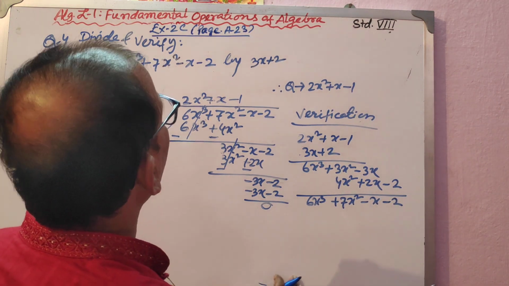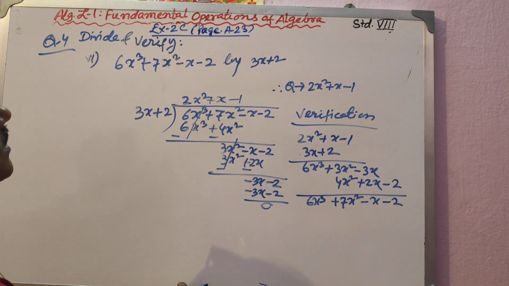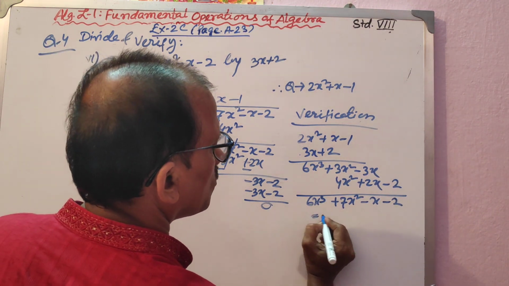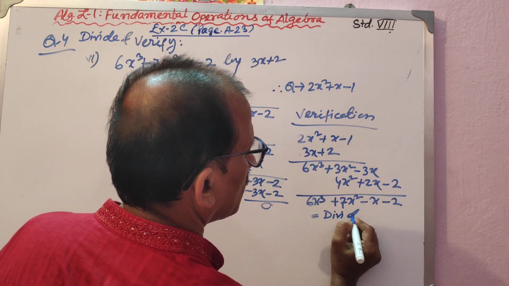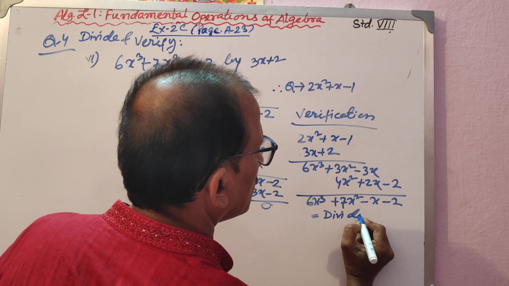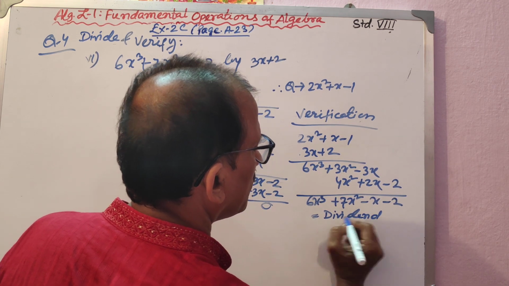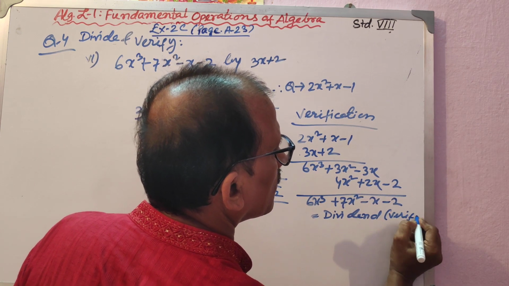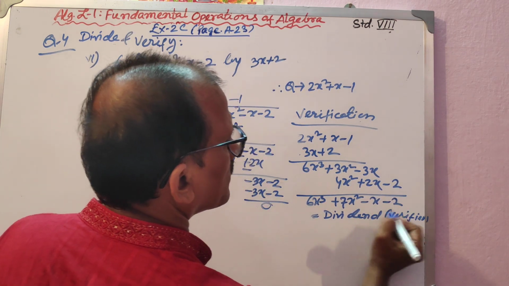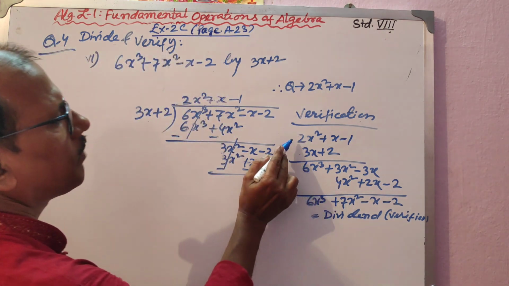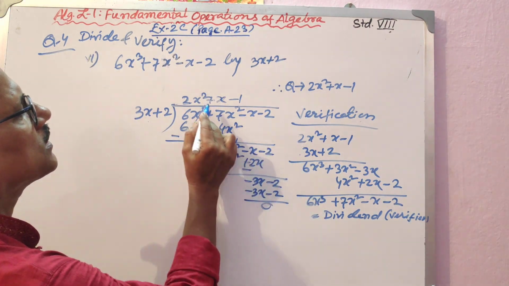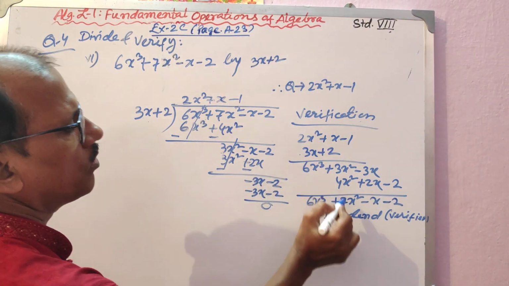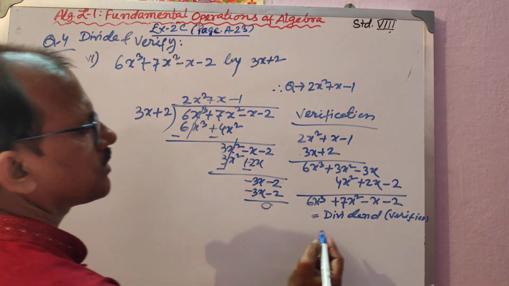Two ones are 2, then minus 2. So here is the dividend, verified. Divisor into quotient plus remainder: you have multiplied the divisor with the quotient, you have found the dividend, because the remainder is 0.